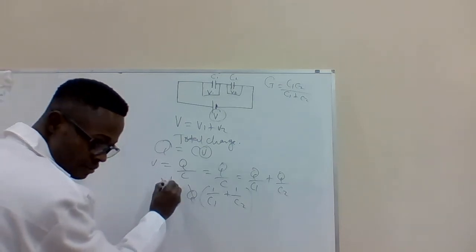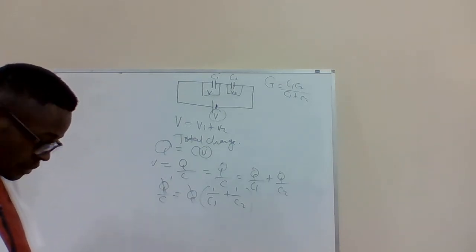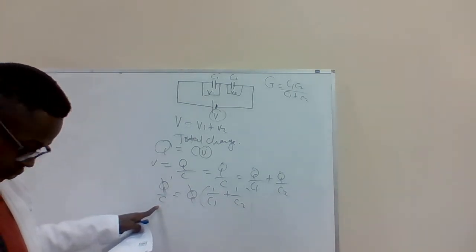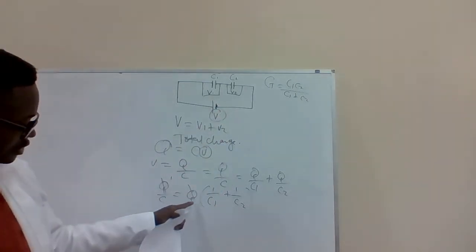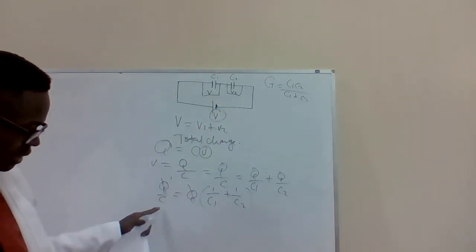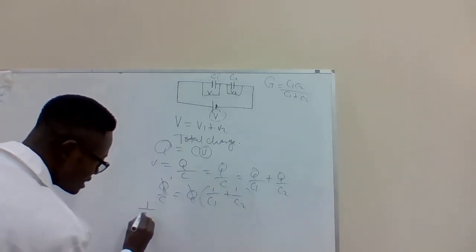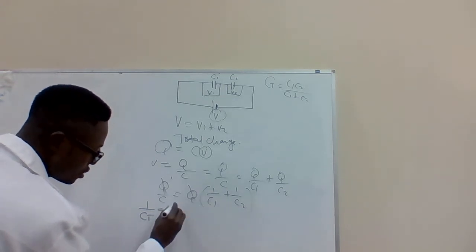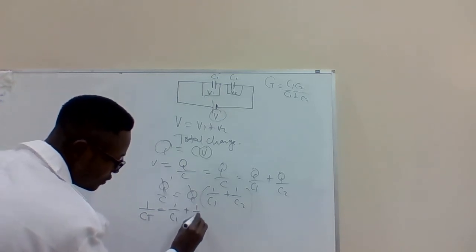So we have 1 over C, and we are going to look for the C total. So we are going to have 1 all over C total, which will be given by 1 over C1 plus 1 over C2.